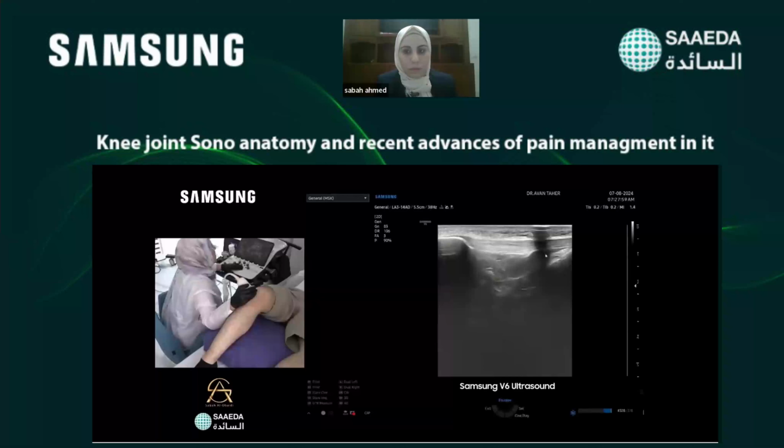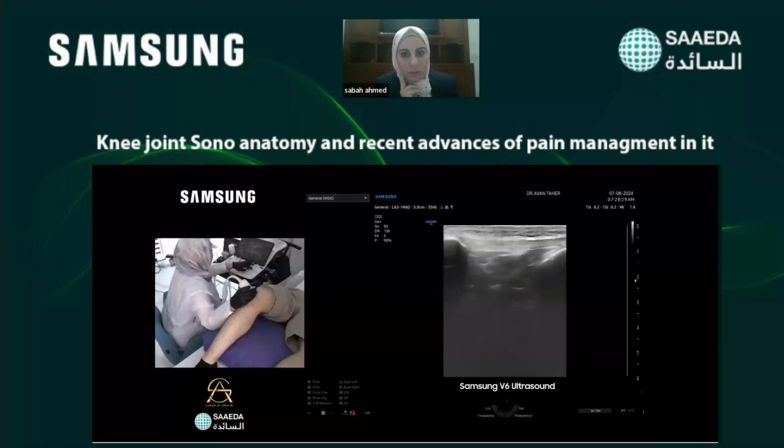This is the infrapatellar bursa, and this is the suprapatellar bursa, but there is no fluid in it, so we can't see it very well. When there is a fluid collection here, it is called bursitis, and we can do an injection here with PRP or steroid. Also, there is a very important structure here.